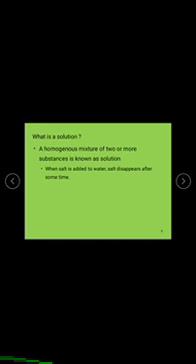Now let us see the definition of solution. What is a solution? A homogeneous mixture of two or more substances at a given molecular level or ionic level is called a solution.